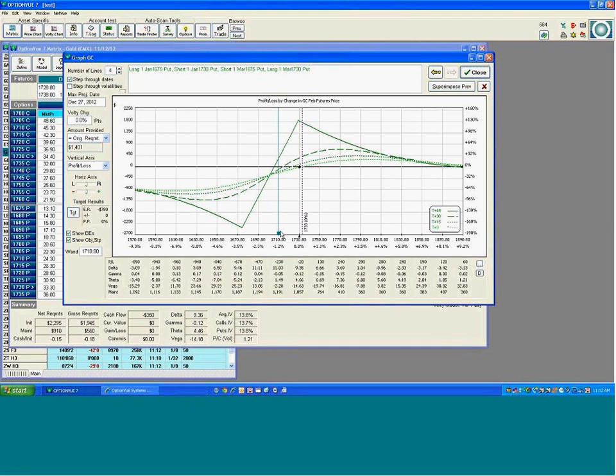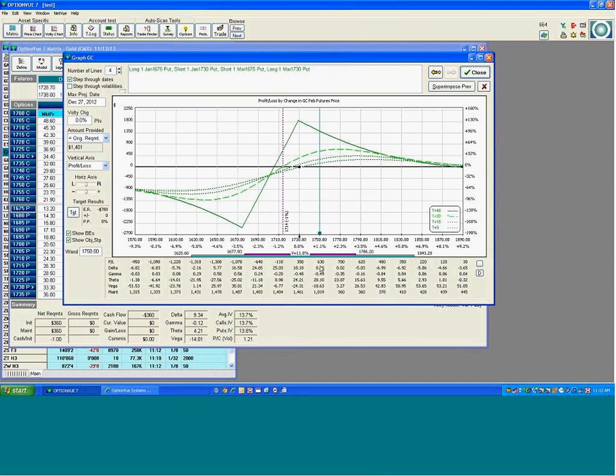Here with this trade strategy, we have a bull put spread in the front month of January, and we want to hedge for the downside risk, and that's why we do the March bear put spread. The combination of these two positions gives us a position with very active potential profits on the upside and modest losses on the downside.